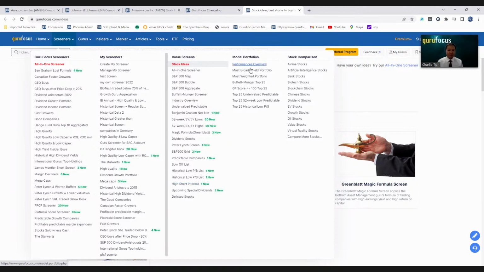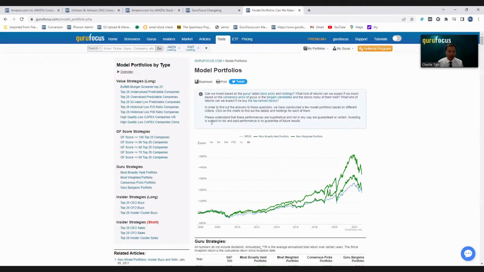And we also have model portfolios, which we built over the years, showing you the performance of different strategies. Let's go there. I just want to show you the model portfolios.